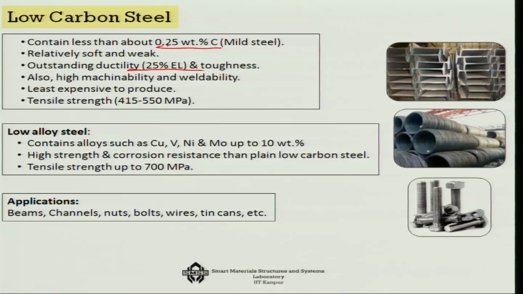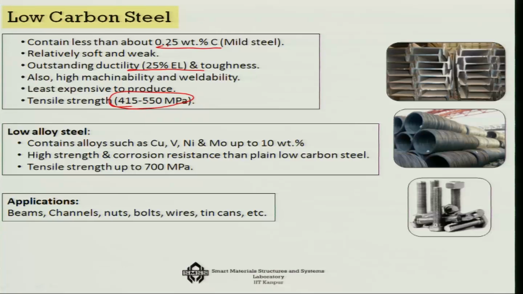It also has machinability, weldability, and it is less expensive to produce, and its tensile strength is of the order of 415 to 550 megapascal. Now, low carbon steel is used for general applications where the strength is not of high demand, because this is generally known as a mild steel.